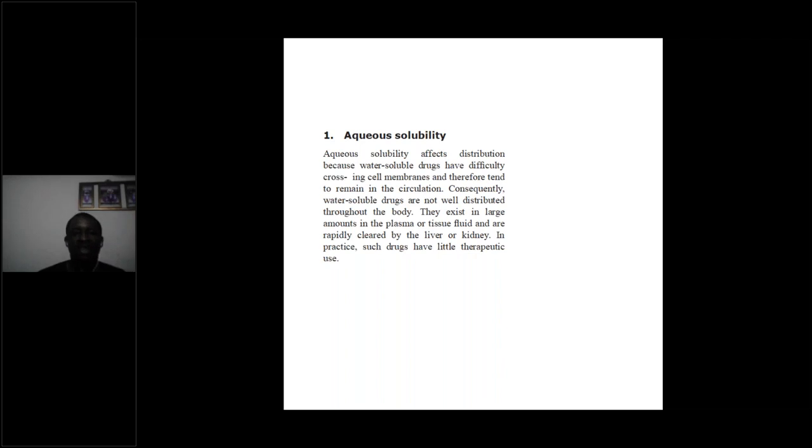So that drug will just keep circulating. It will not be well distributed at the targeted area. It will be rapidly cleared from the system by the liver or kidney. So in practice, such drugs have little or no therapeutic effect because they have not gotten to where we want them to get.